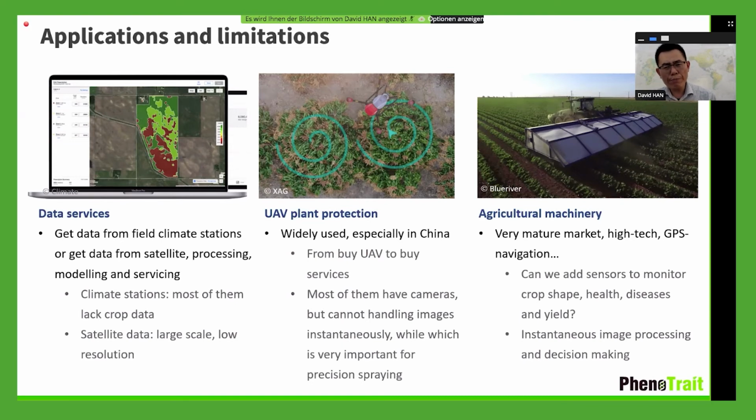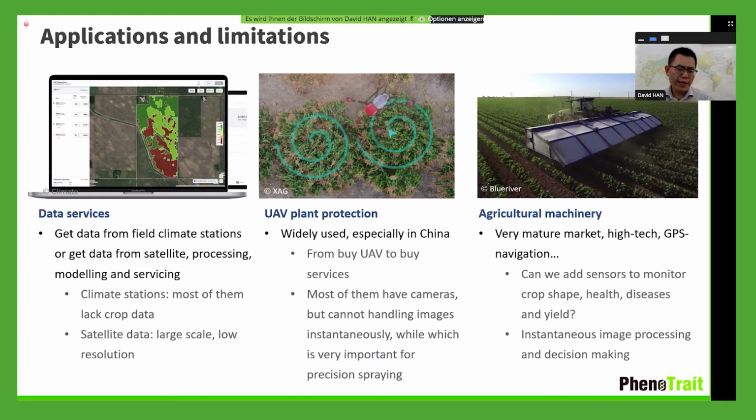And the third example is agricultural machinery. This is a very major and huge market. They have very high technology now, and a lot of machines have GPS navigation systems. My question is, can we add more sensors, imaging sensors or spectral sensors, into these machines to collect crop phenotyping information?